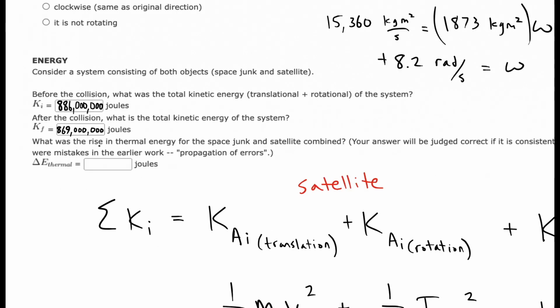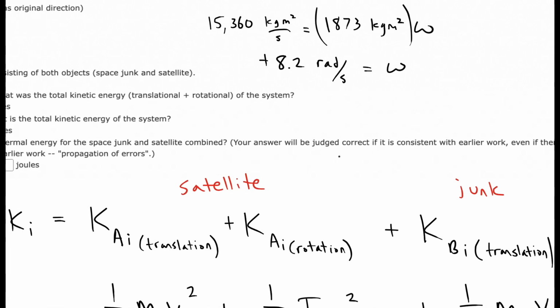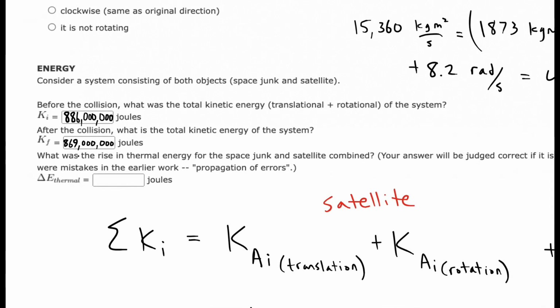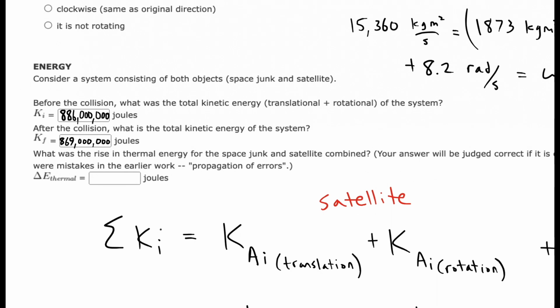Okay, now it says, what would be the rise in thermal energy for the space junk and satellite combined? And so if we assume that all the losses in energy go to thermal energy, then we'll just find the difference between the final and initial kinetic energies to find the loss.